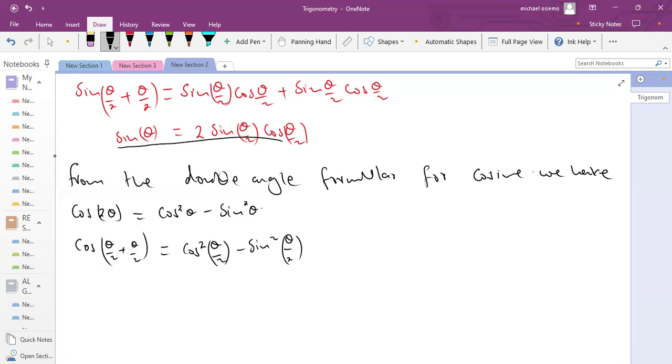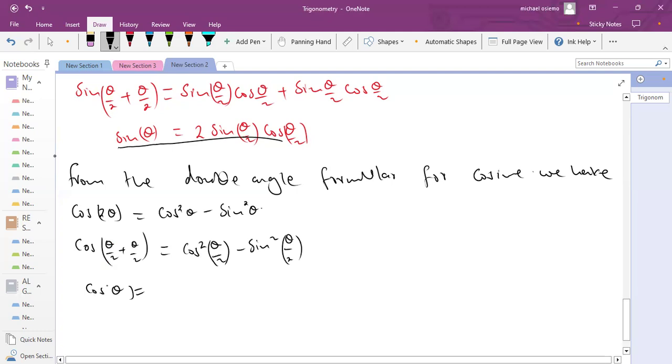So when you multiply, you get cos squared theta over 2 and sin squared theta over 2. So cos theta will be equal to cos squared theta over 2 minus sin squared theta over 2.